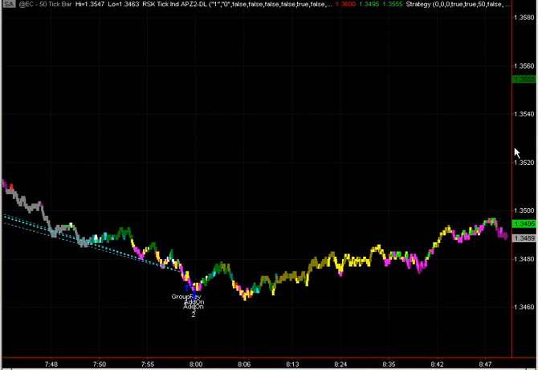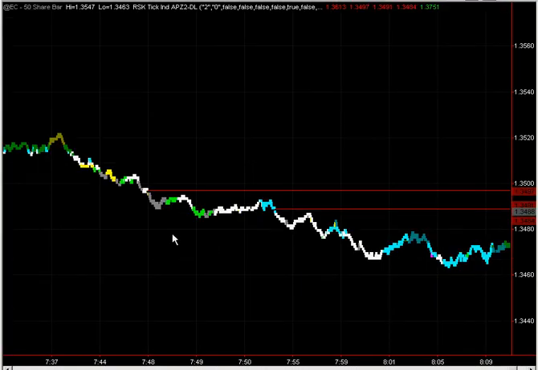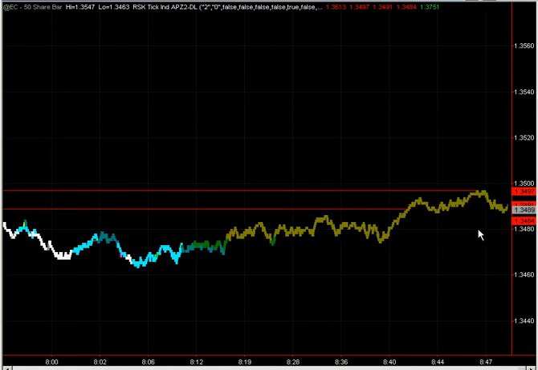Now, in addition to that, let's take a look at the gap data. We run the gap data on a 50 share bar chart, and here we have 2 well-defined gaps, both of which have just been filled. This is a live chart.